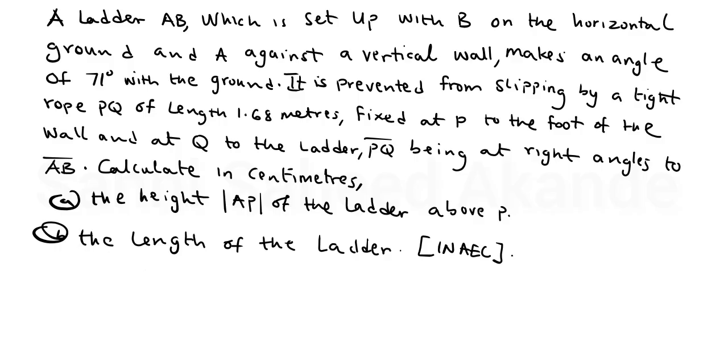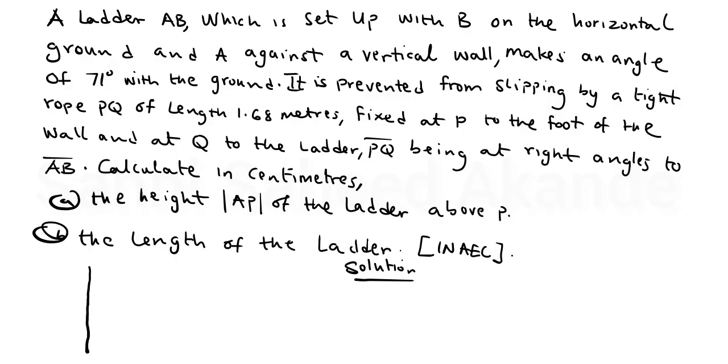Solution. Alright, so they said a ladder AB is set up with B on the horizontal ground and A against a vertical wall, makes an angle of 71 degrees. So let's assume that our wall is this. Okay, this is the wall. This wall now has its foot on the ground, and the ladder also will be put on the ground.